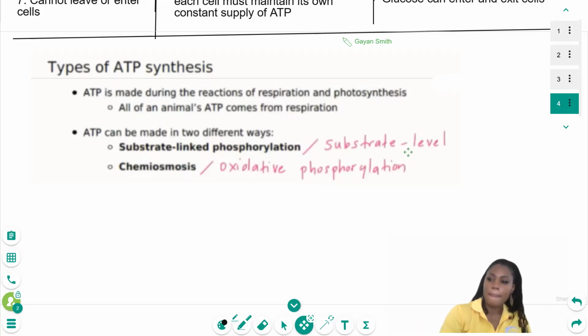So guys, we're going to go through substrate level first, and then I'll give you a break, and then we tackle the second one, the chemiosmosis.